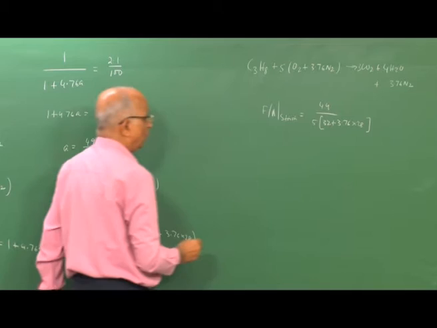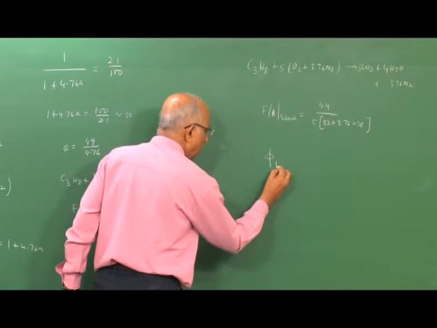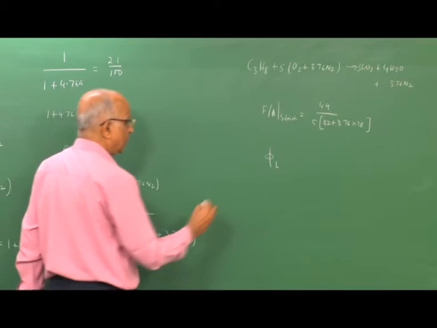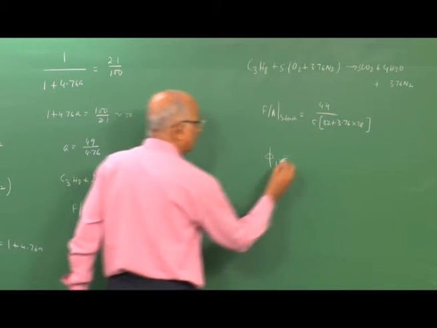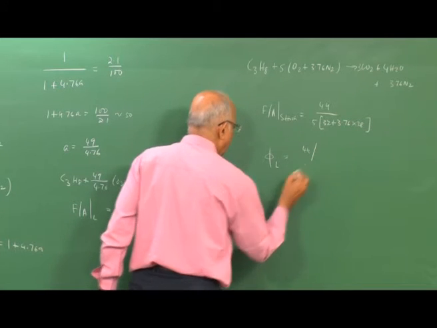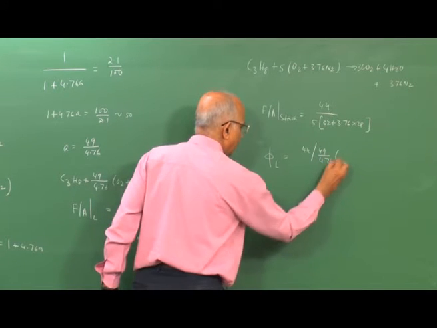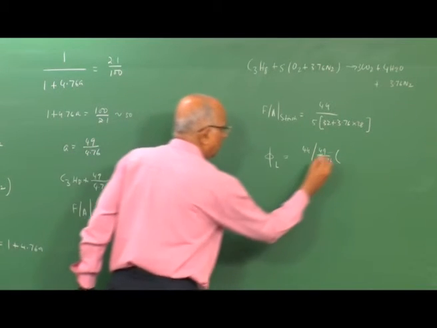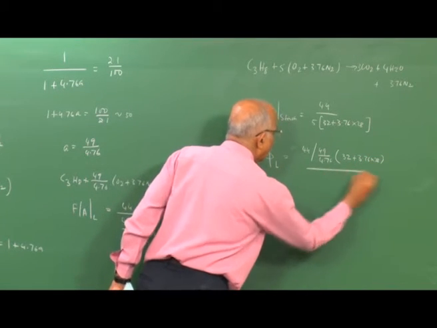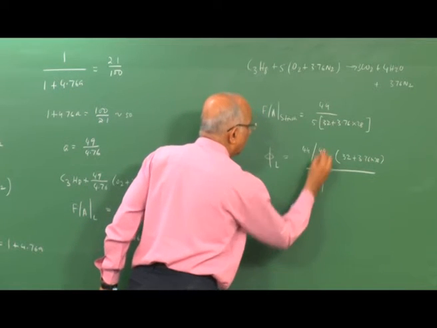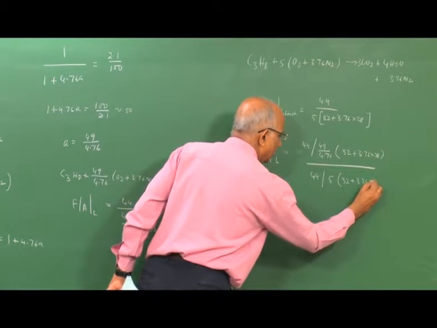This is the value of fuel by air stoichiometric, and therefore the equivalence ratio corresponding to the lean limit of flammability, which I have already determined, is equal to 44 divided by 49 divided by 4.76 into 32 plus 3.76 into 28, divided by the same 44 divided by 5 into 32 plus 3.76 into 28.